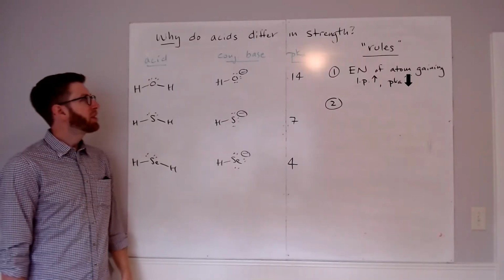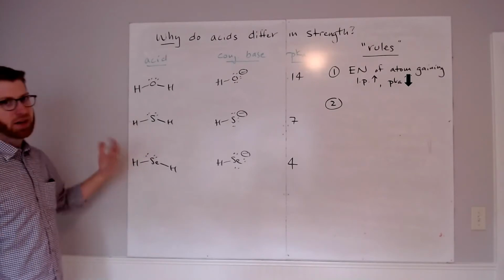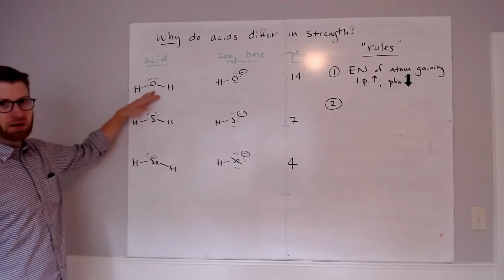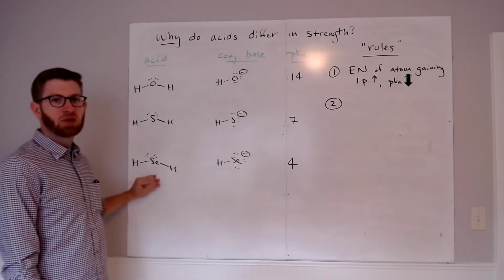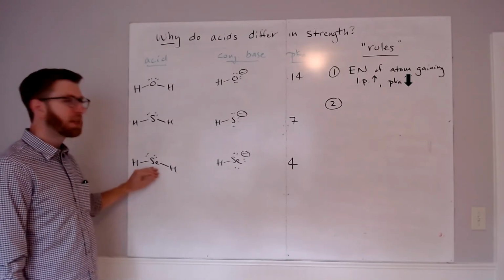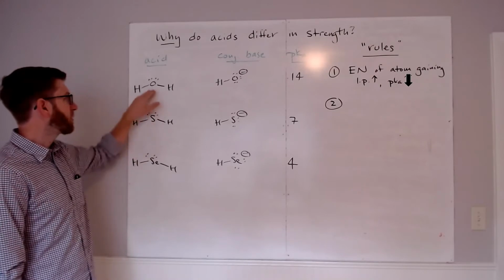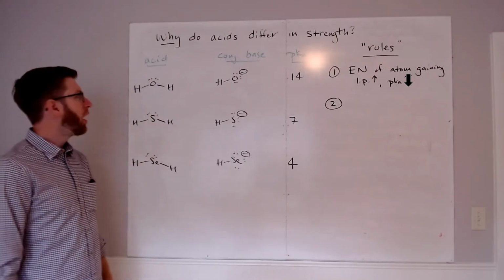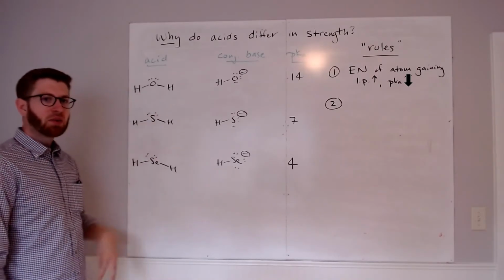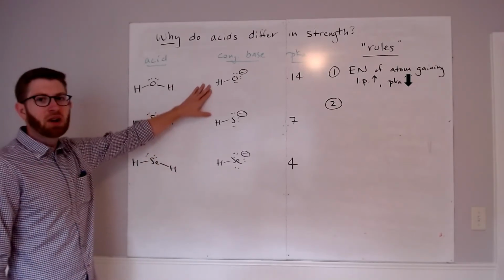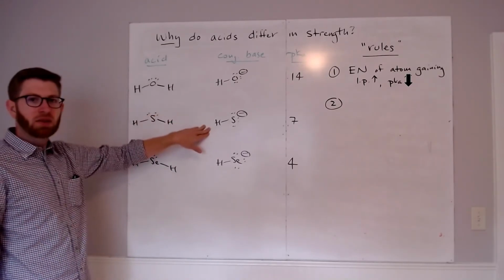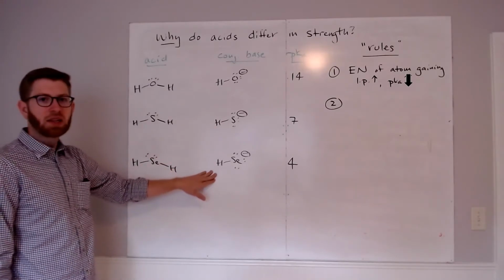In this section of the video, we'll be looking at two new acids. We'll look at water, and then we'll look at hydrogen sulfide along with hydrogen selenide. So selenium, Se, versus sulfur versus oxygen. And so rather than drawing a whole acid-base equilibria, I've just drawn the conjugate bases for my three different acids: the hydroxide anion, this sulfur anion, and then the selenium anion.